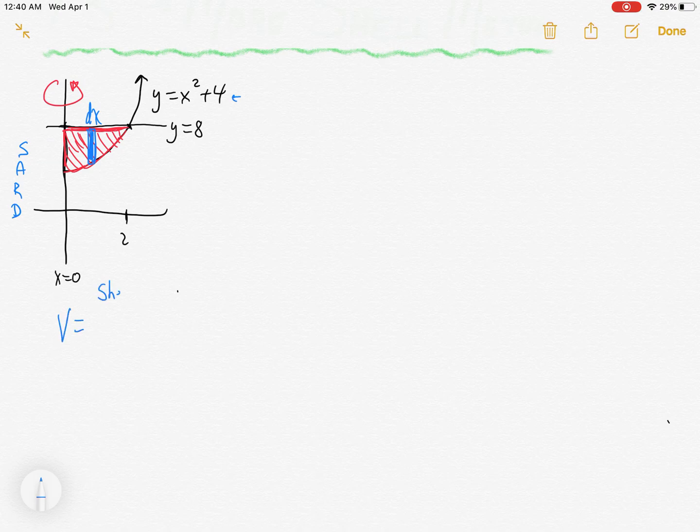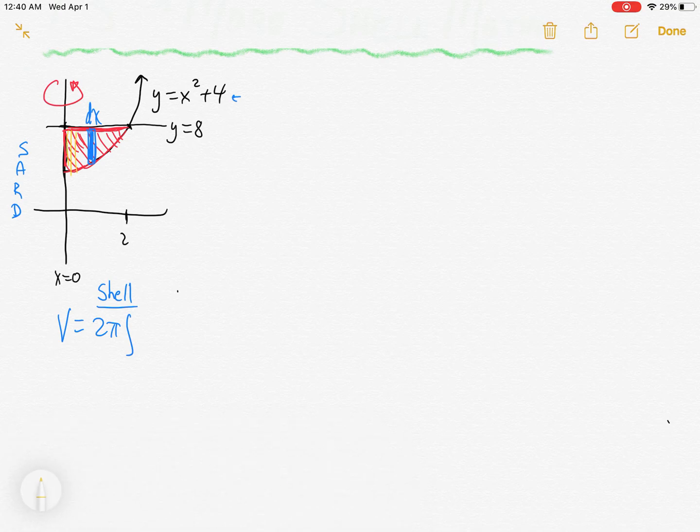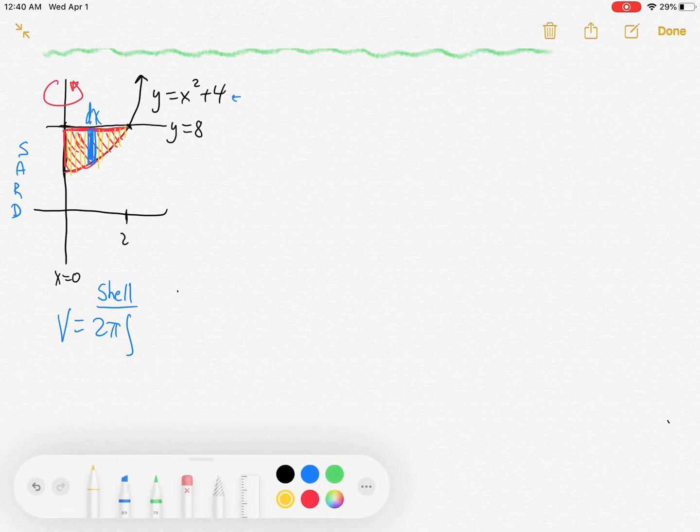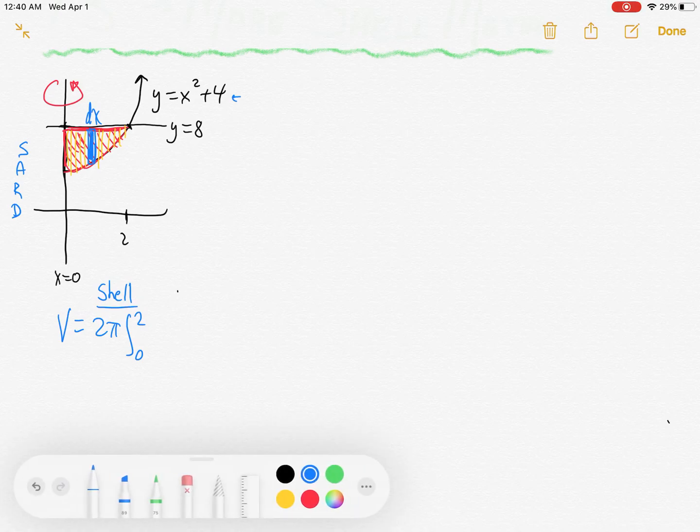So let's do shell first. Shell means 2 pi. What are the bounds? They are stacked up vertically, and they start at 0 and they stack over to 2. Okay, gotta get our minds back in shell mode.